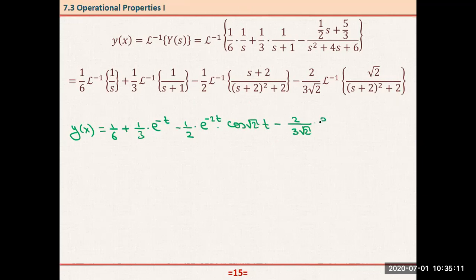So here we have e to the power minus 2t times sine of square root of 2t. Okay, that is the solution of the given initial value problem. I mean, using that Laplace transform, this is how we solve second order linear differential equations with constant coefficients.